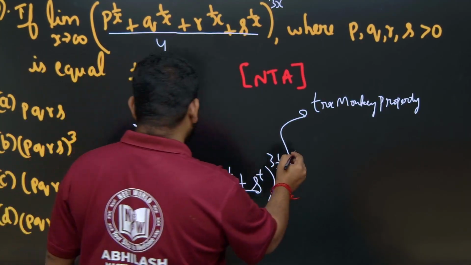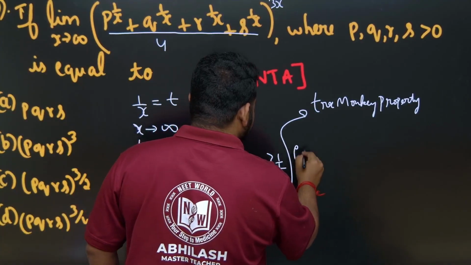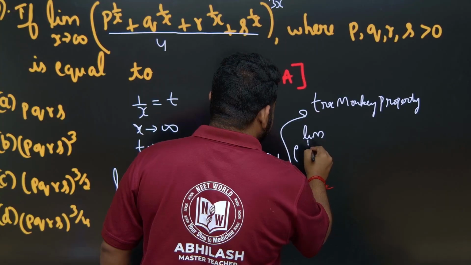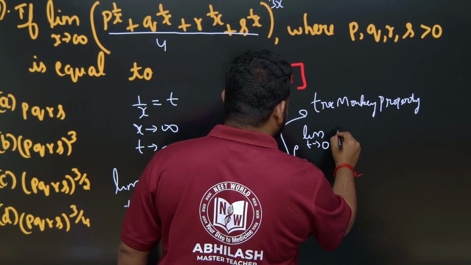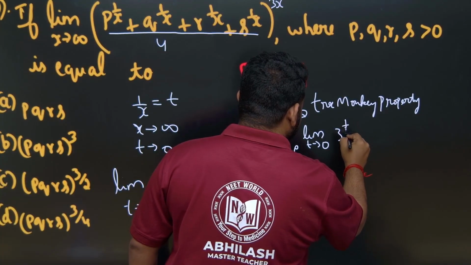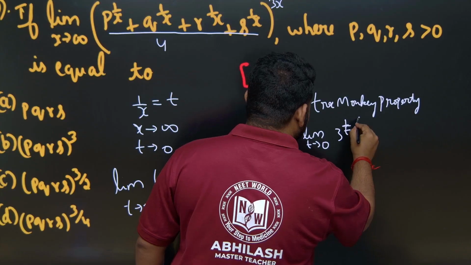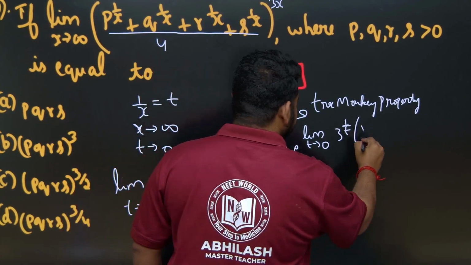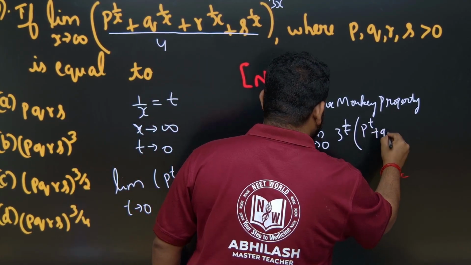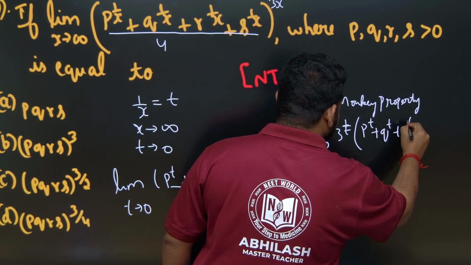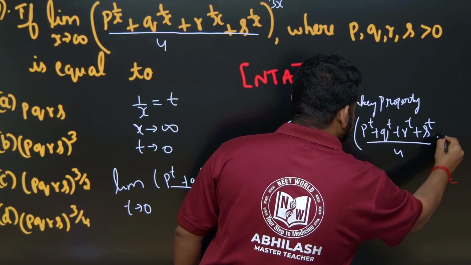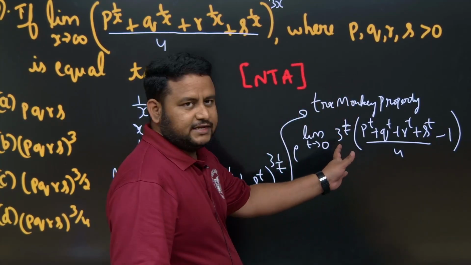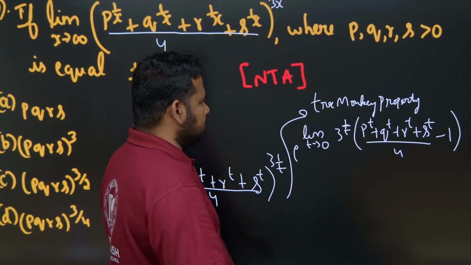So this will become what, friends? e power limit as t tends to 0, 1 by t comes down, 1 by t into p power t plus q power t plus r power t plus s power t by 4 minus 1, because from the tree you will remove one branch. That is what we learned.